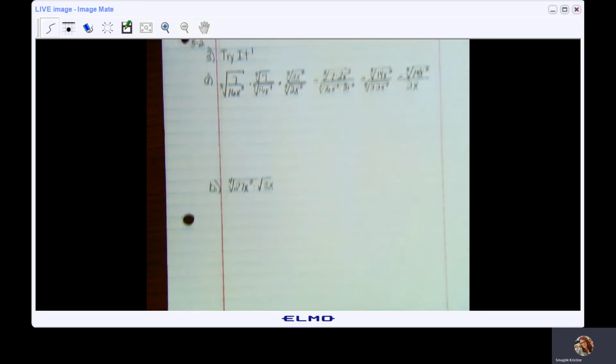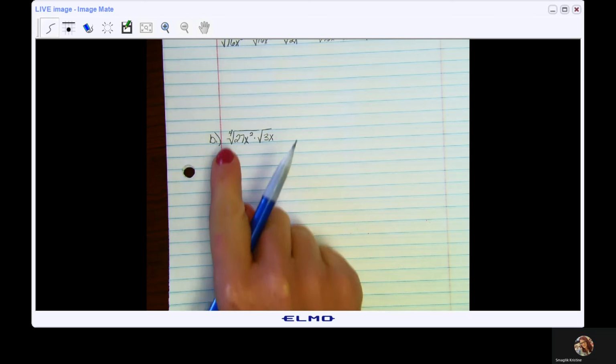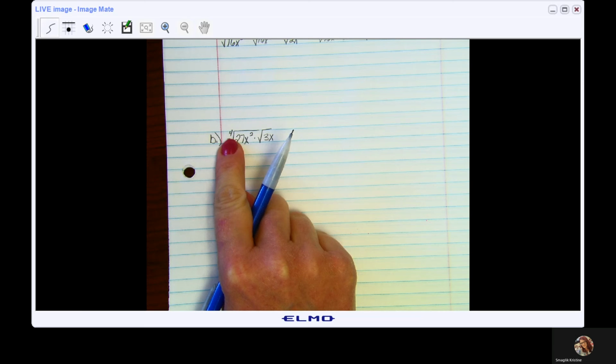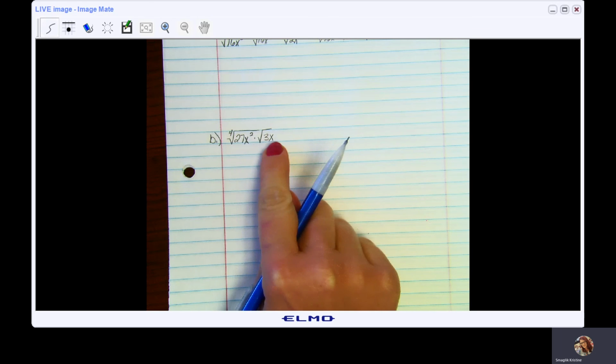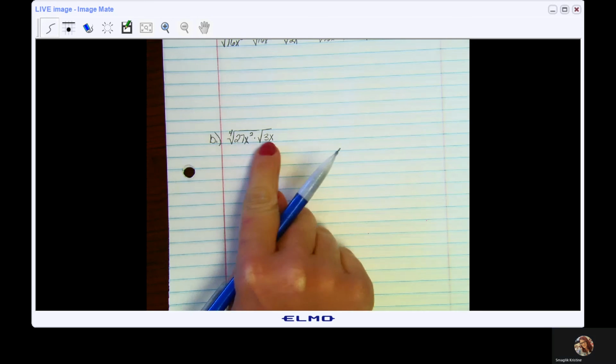Let's take a look at B. Now on B, I have an index of 4 here and an index of 2. My roots are not the same, so I cannot just multiply what's under the radicals.